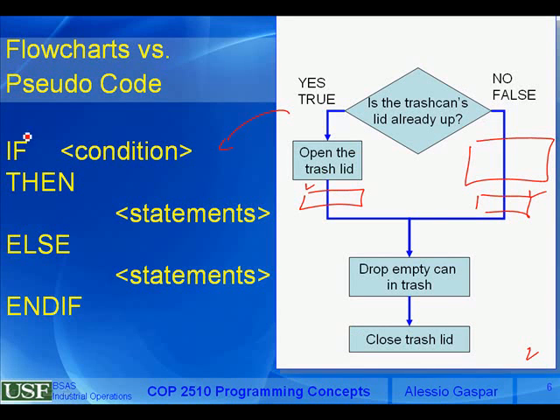We just use the keyword IF, and we write it in uppercase to indicate that we are talking about a programming language construct, the conditional statement. IF, then we write our condition, then THEN in uppercase, ELSE, and in between the THEN and the ELSE, all the statements that need to be executed if the condition is true. Between the ELSE and the END IF, which marks the end of my if statement, we have all the statements that need to be executed if the condition is false.